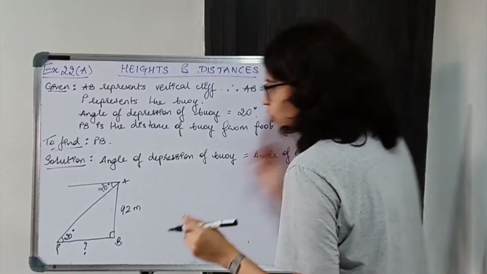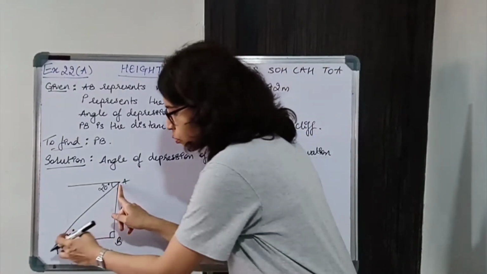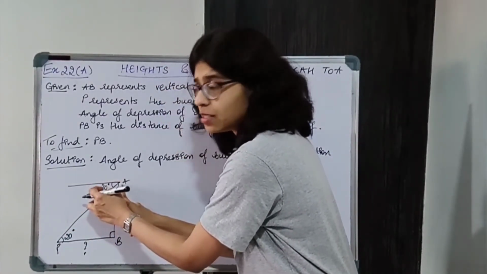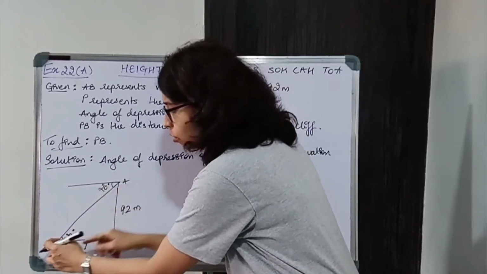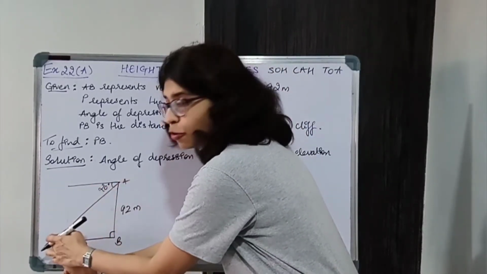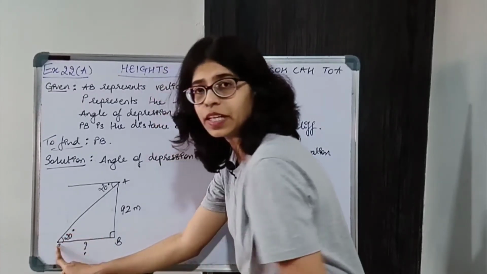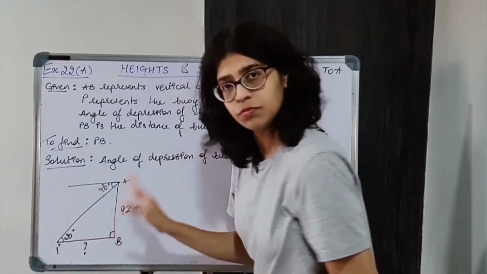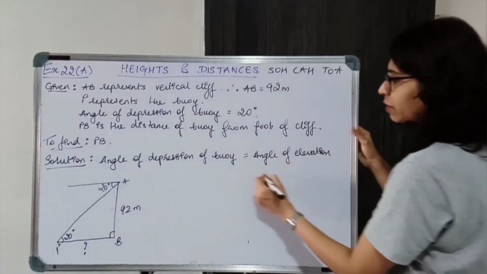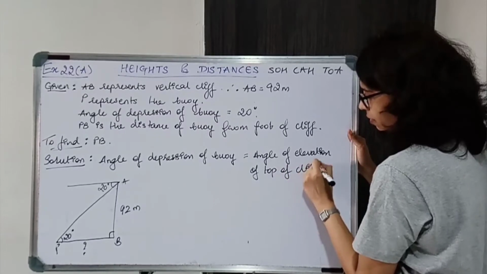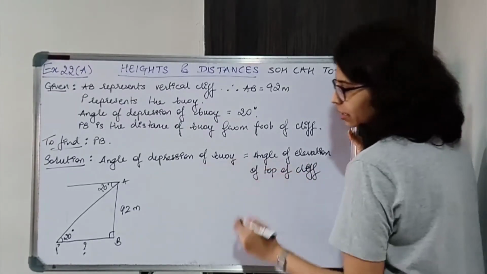That is, if you look at the boy from the top of the cliff, तो angle of depression हो रहा है 20 degrees. And when you look at the top of the cliff from the boy, तो angle of elevation हो रहा है 20 degrees. So these two angles are equal.